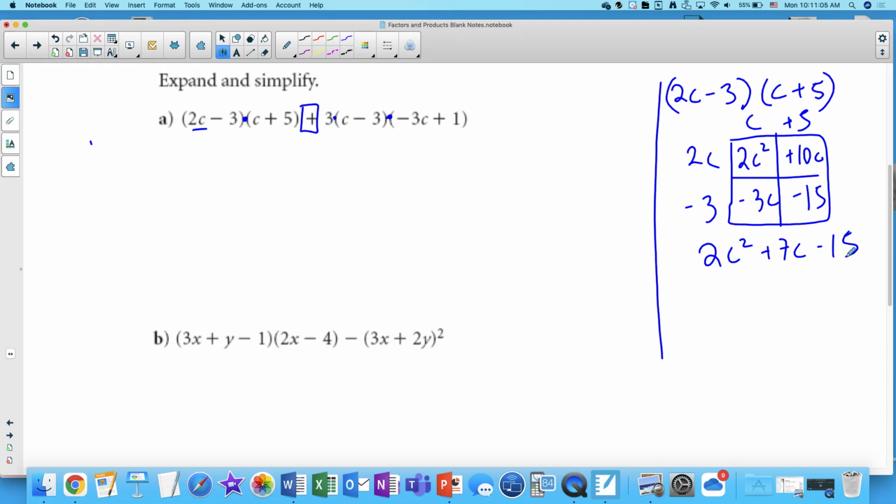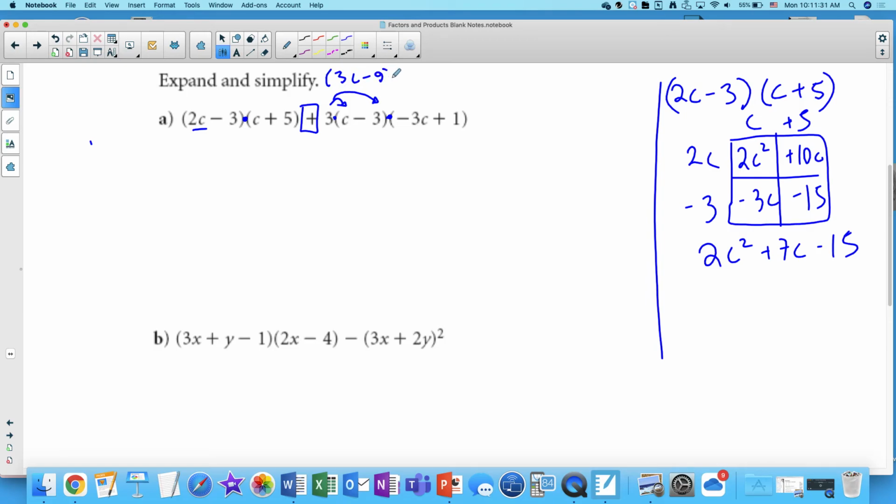We have to take any 2 of these, multiply them together, then multiply by the third. So just because they're in order, I'm just going to multiply this guy in. So this is going to become 3c minus 9 times negative 3c plus 1. I'll use distribution there, and then I can do my box, again, off to the side.